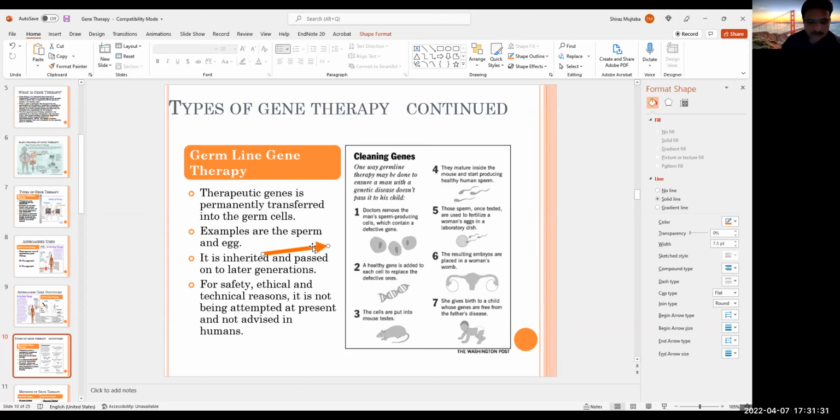So one is germline gene therapy, which is done in the patient's gametes, and the other is somatic therapy, where it is done in, let's say, skin cells if the patient has melanoma, or in stomach cancer or liver cancer, depending.